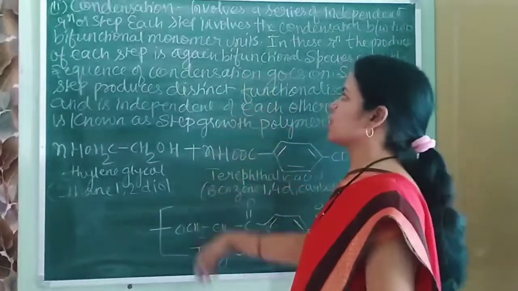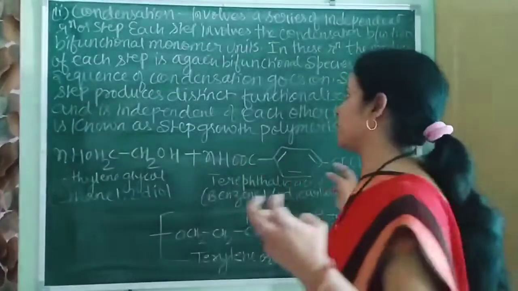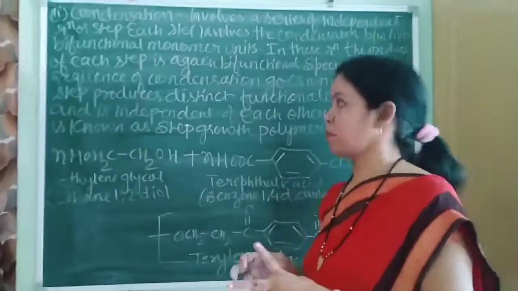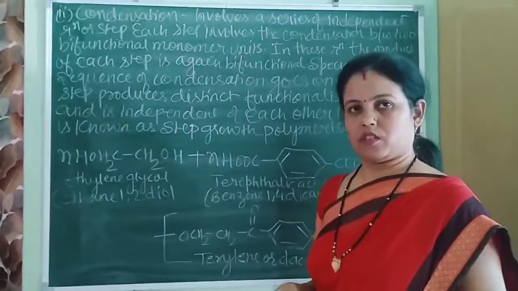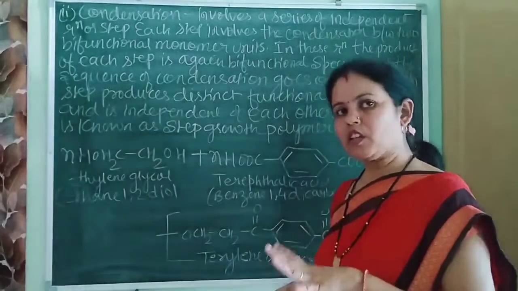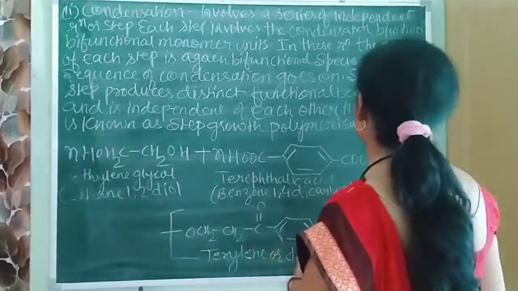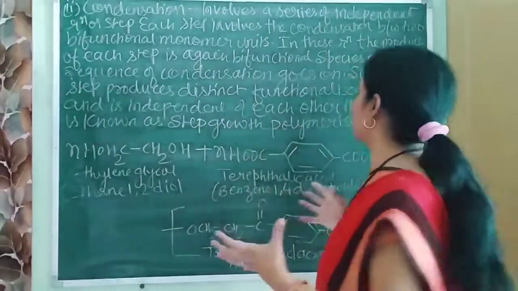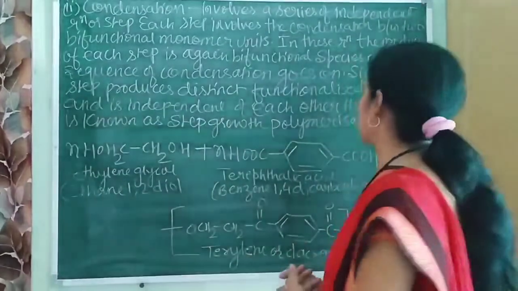So there is a condensation between two bifunctional monomers. In this reaction, the product of each step is again a bifunctional species. The first step product is a bifunctional species, the second step product is also a bifunctional species, and the sequence of condensation goes on. Continuously, condensation reactions take place.